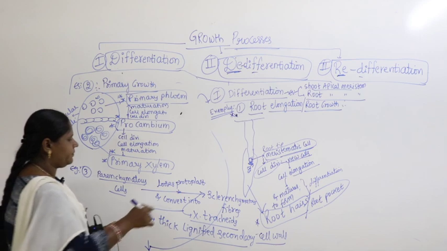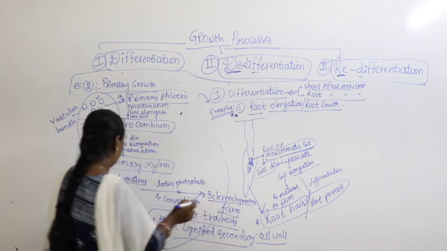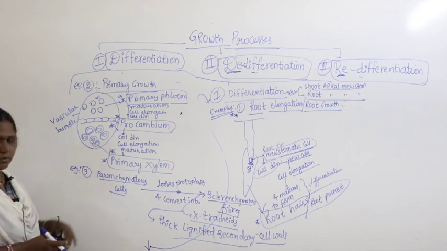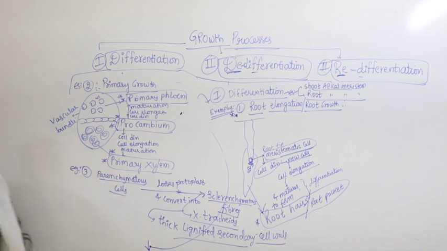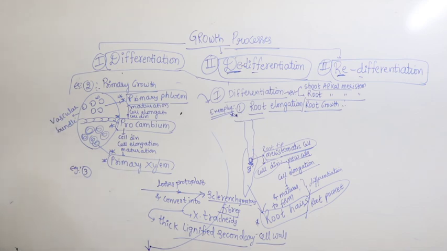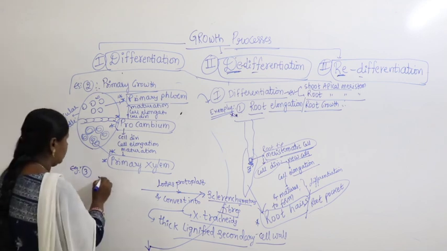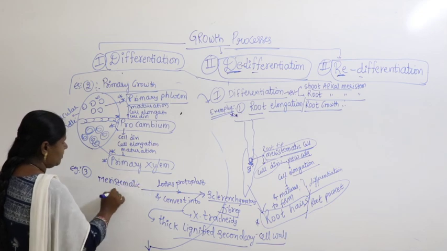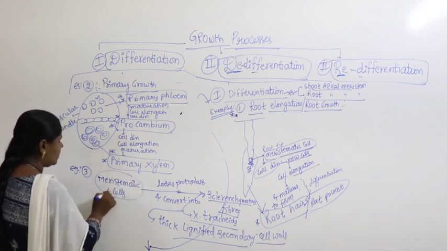What is this? Okay, so this may be a meristematic cell. Better you take down, these are meristematic cells. These are dividing, no? Why are we taking meristematic cells? Because they are in the process called cell division.